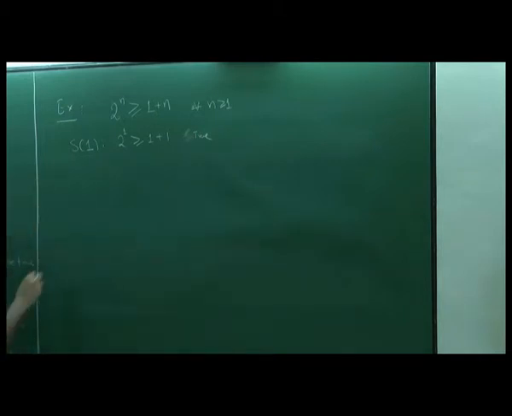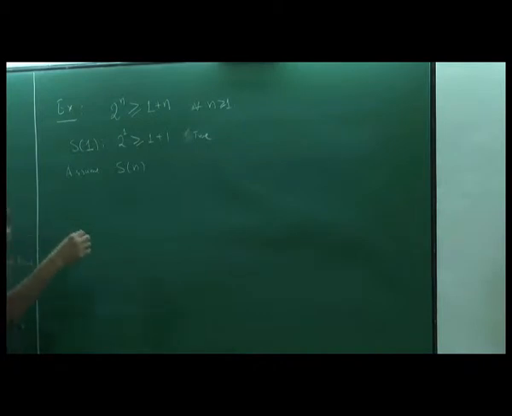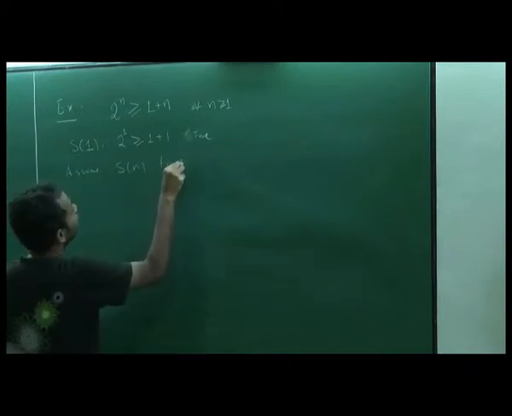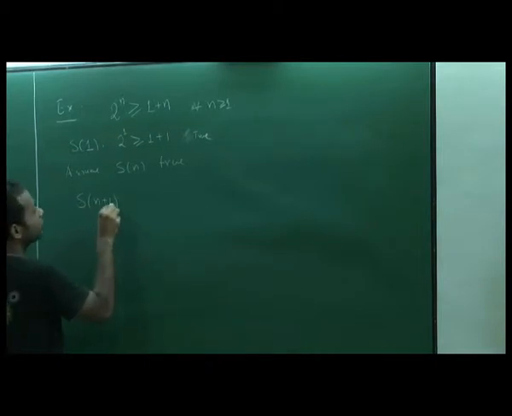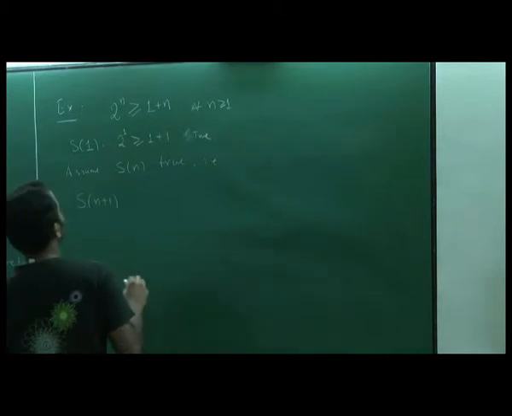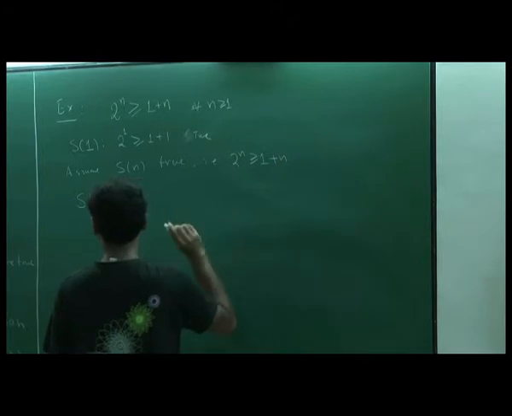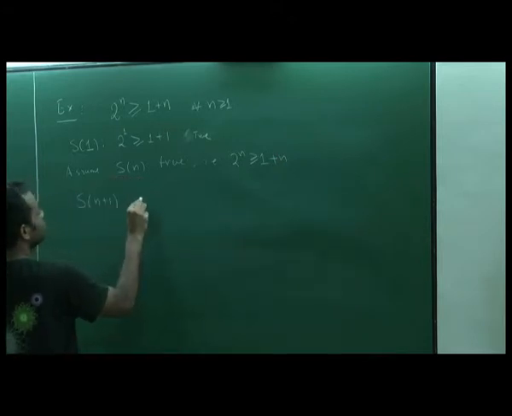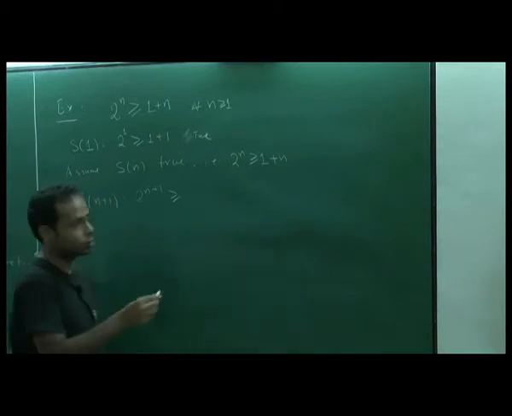So assume S of n is true, that 2 power n is greater or equal to 1 plus n, or S of 1, S of 2, up to S of n are true. What is S of n plus 1? 2 power n plus 1 is greater or equal to 1 plus n plus 1, which is 2 plus n.